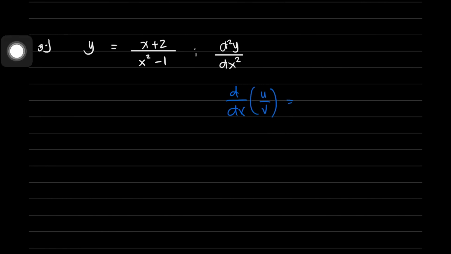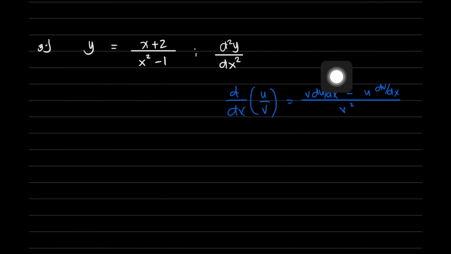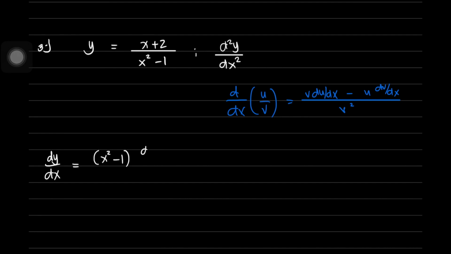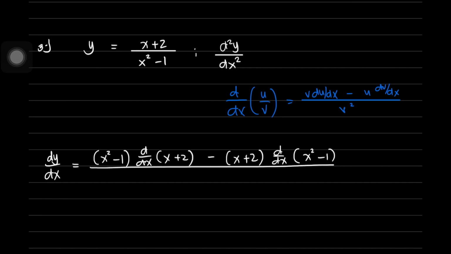this is equal to v du over dx minus u dv over dx all over v squared. Right? So if we're going to use this formula in solving for y prime or dy over dx, this is now equal to v, so that would now be x squared minus 1 multiplied by the derivative with respect to x of x plus 2 minus x plus 2 multiplied by the derivative with respect to x of x squared minus 1 all over, right?